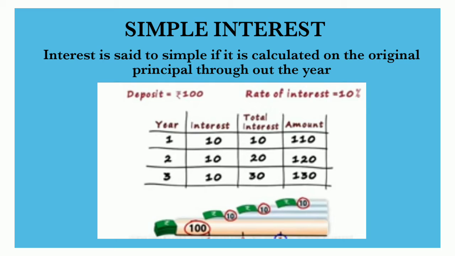So after 3 years, the bank will give 130 rupees. You deposited 100 rupees before 3 years, but after 3 years you get 130 rupees. So that 30 rupees is the simple interest calculated by the bank.